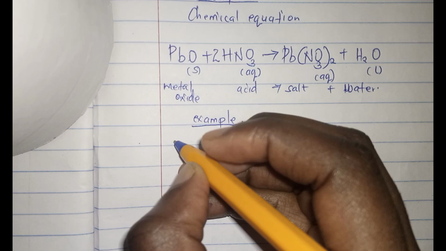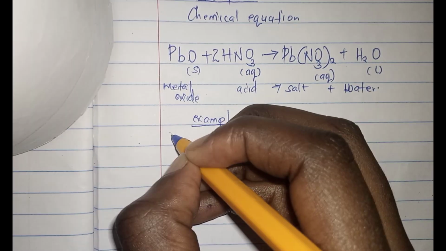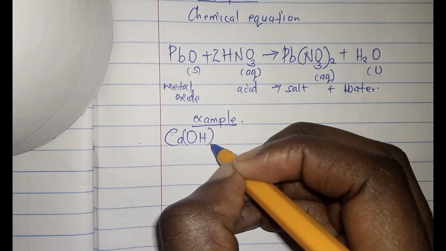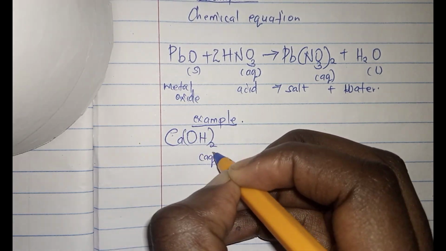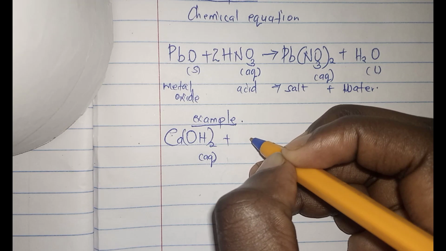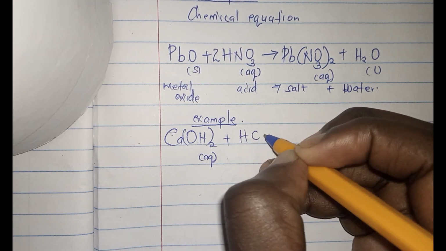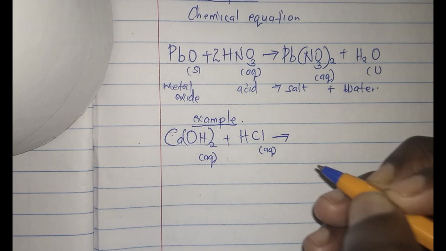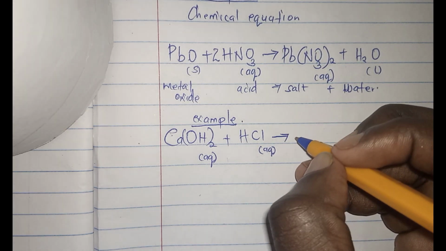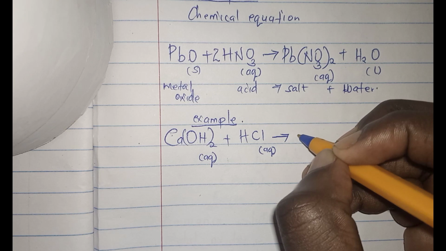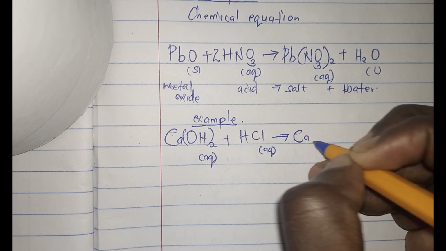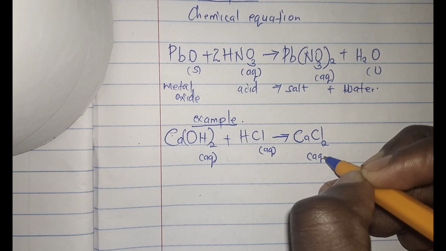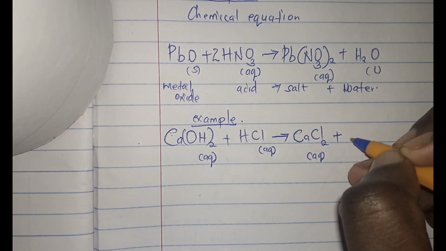For this case, metal hydroxide, calcium hydroxide plus hydrochloric acid. The product that I will get is calcium chloride, which is the salt, plus water.